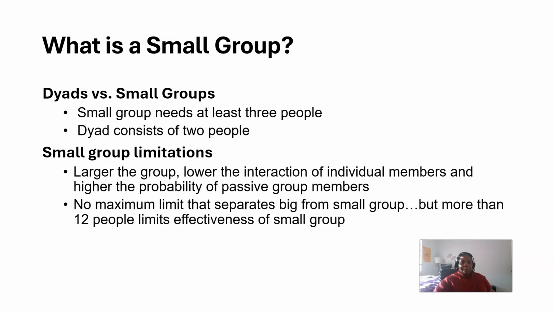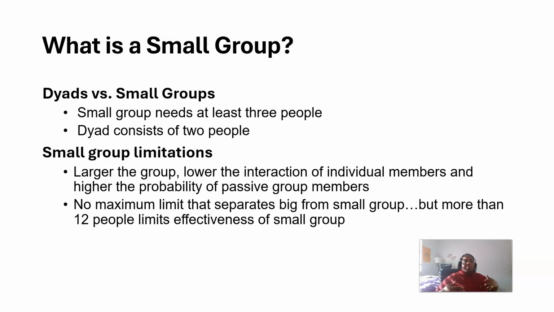So first we can break it down numerically. The rule of thumb is it has to be more than two people because that's a dyad or a pair. So we need at least three people to be a small group. So that's one of the smallest groups that we can have. And of course, to be by yourself, that's solo. Definitely not a group. Now, where the limit is, it depends, especially on context.